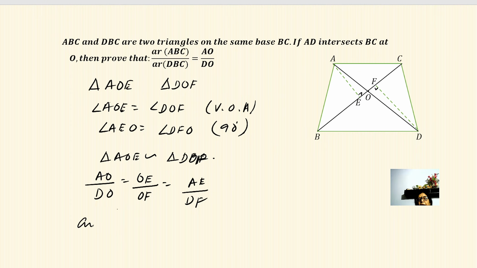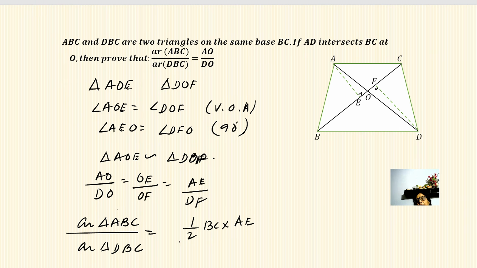Area of any triangle is defined by half base into height. Area of triangle ABC is half BC into the vertical distance, that is height AE, and area of triangle DBC is half BC into this height DF, since the base is the same.